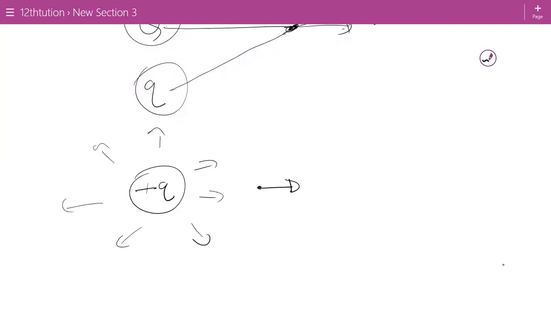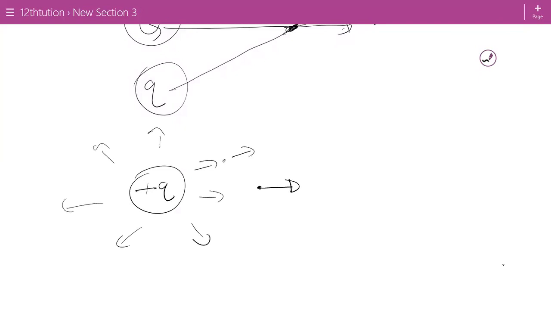Now let me tell you about the direction a little more. If this is a positive Q charge, at this point the electric field direction will be this. It means outward, just spreading like this. At this point it will be in this direction, at this point it will be in this.